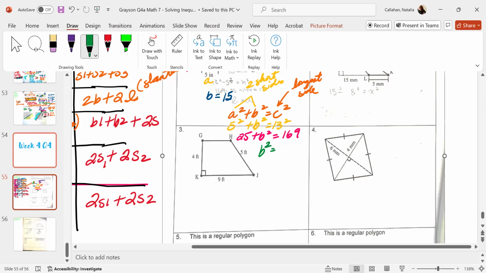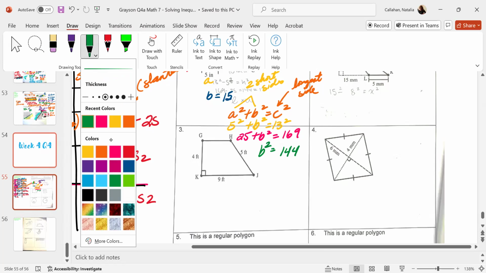Good, subtract that. Which is what? 144. Good. B squared equals 144.